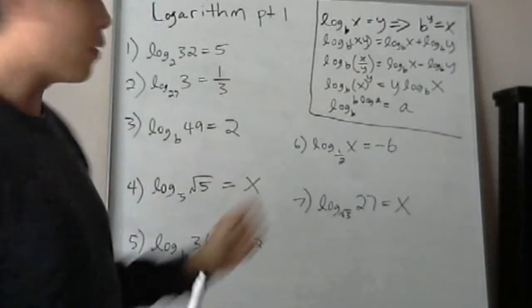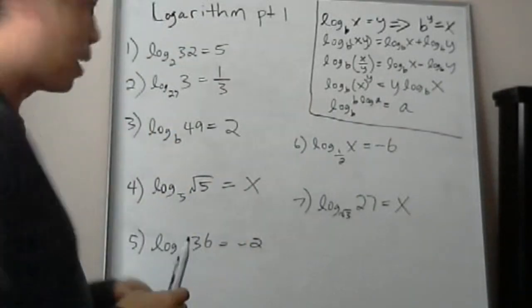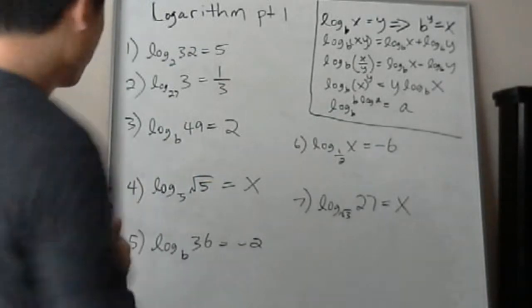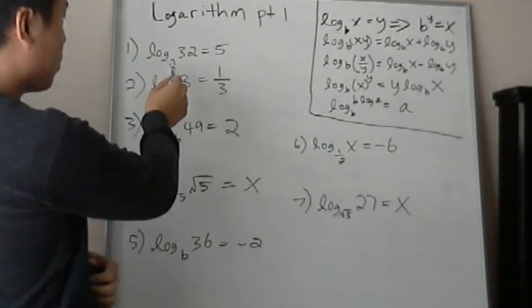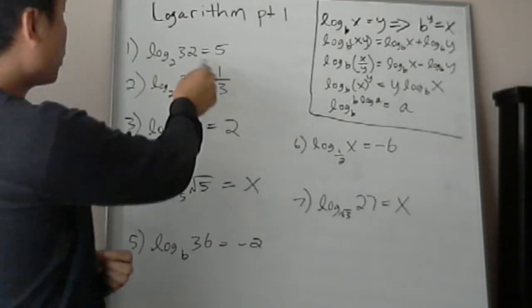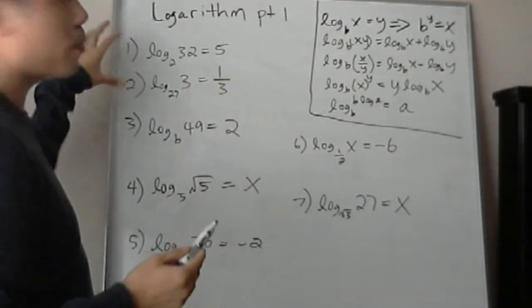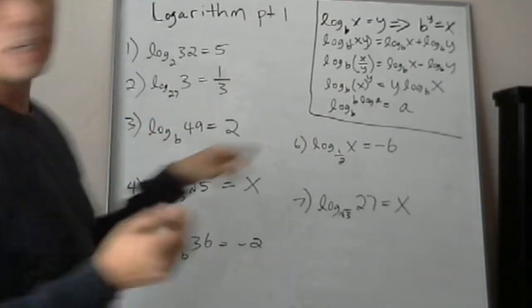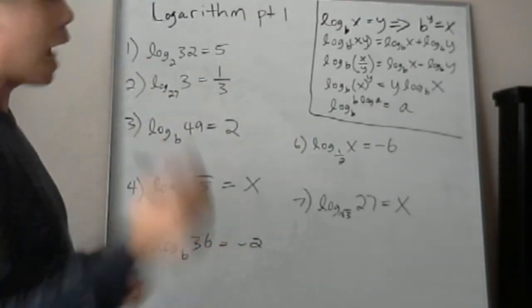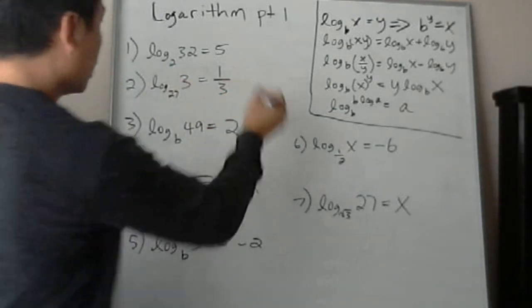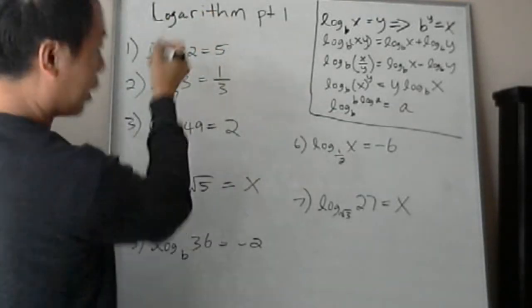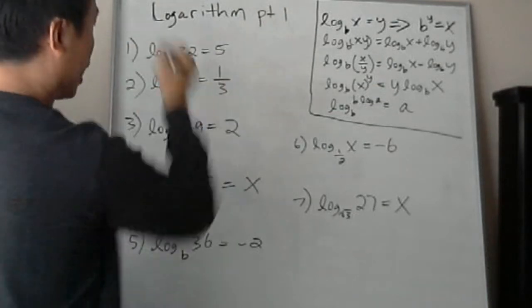And I picked these 7 problems as a good way to understand intro to logarithms. The first problem says log base 2 of 32 equals 5. In the first 2 problems, you're just learning how to rewrite it a different way. The way I like to remember how to write logarithms in this form is what I like to call a little hook, a little counterclockwise thing.